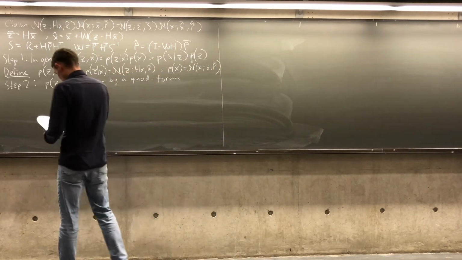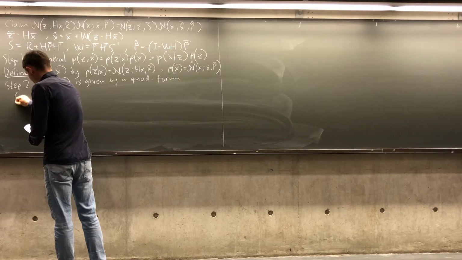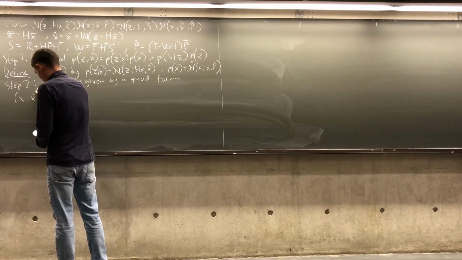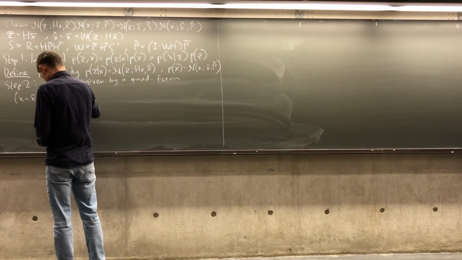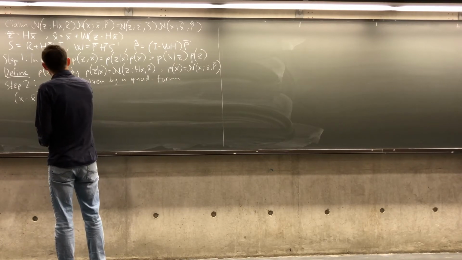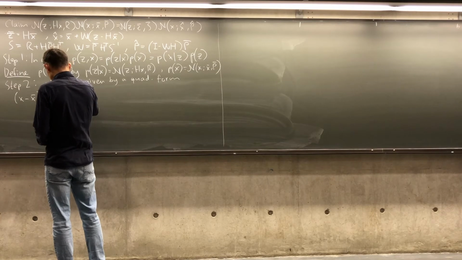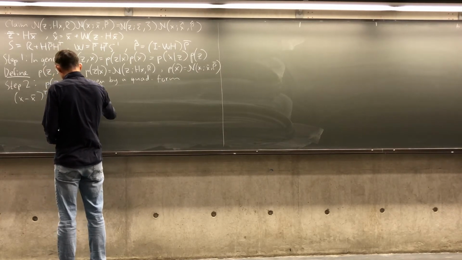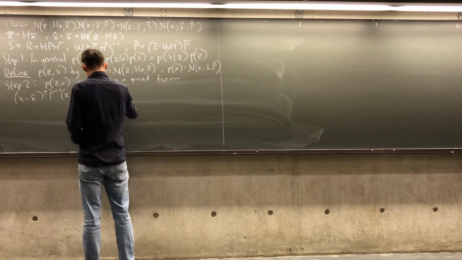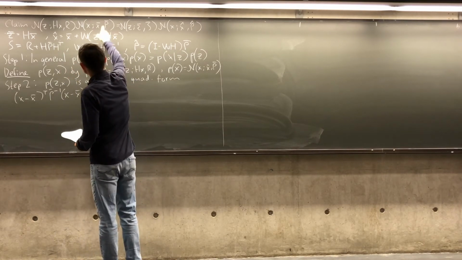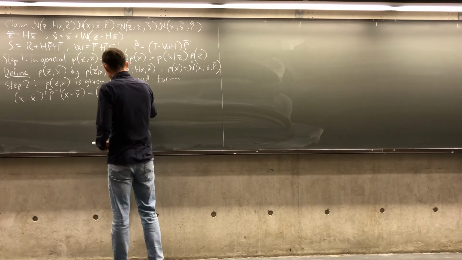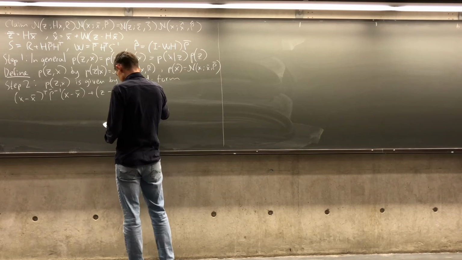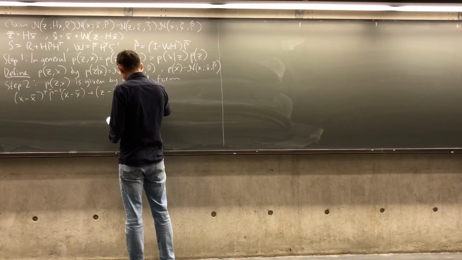And that quadratic form looks like this: (x minus x bar) transpose P bar inverse (x minus x bar). And then from this one I have some additional stuff. When I multiply the Gaussians together, I add the quadratic forms.